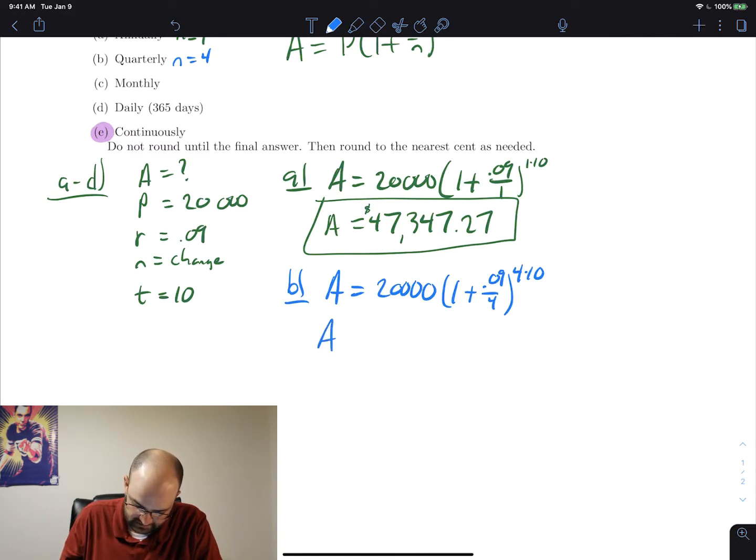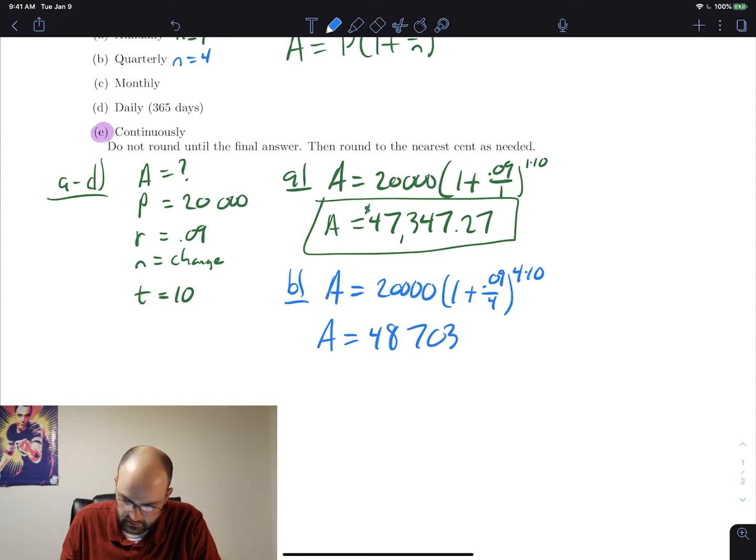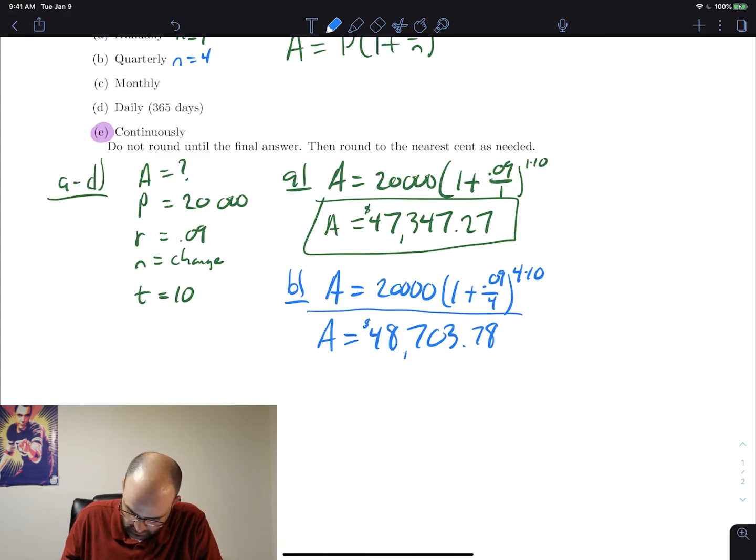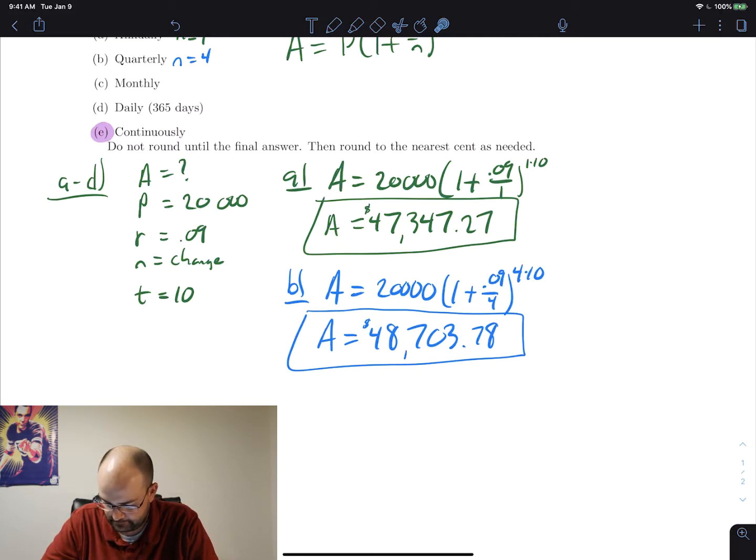And that'll give us $48,703.78. Not exactly, but I am rounding to the nearest cent.